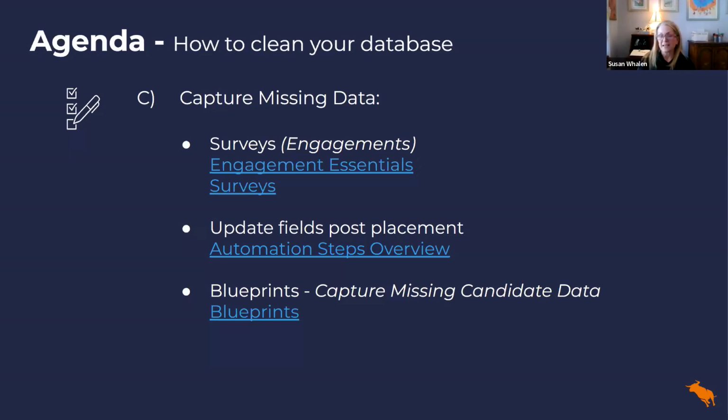So consider that in terms of until they get placed, you might not want to use submission information to update any fields on the record. And then once they are placed, make sure that it's a field that you feel confident that the candidate would have met, and not that they were placed even though they didn't meet one particular criteria that could update one particular field on their record.